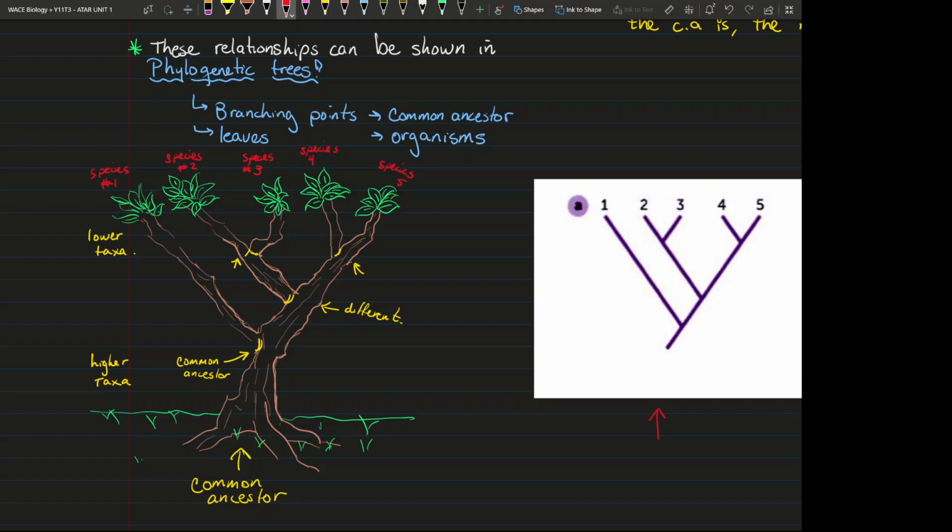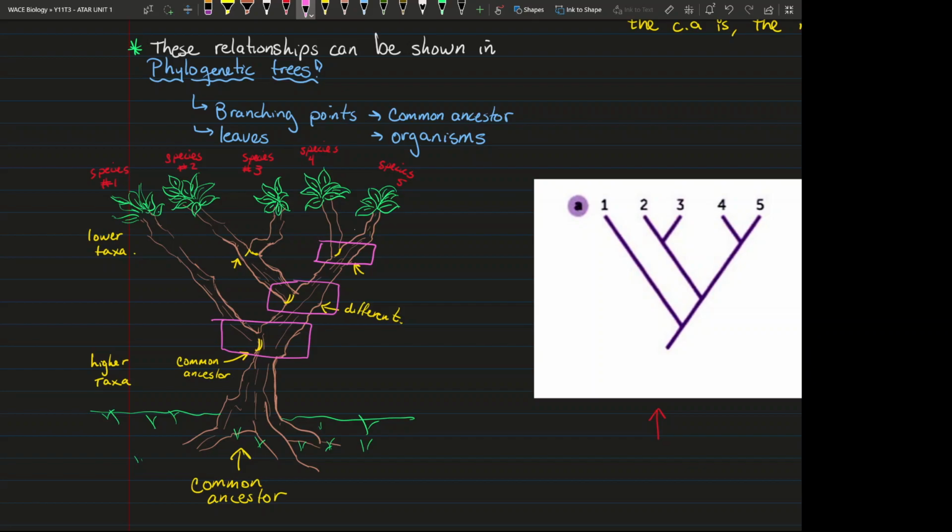And they are composed of two main parts. You have the branching points, and the branching points are, of course, where you have two branches dividing. So, for example, this would be a branching point. Sorry. This would also be a branching point, and so forth. Every time you have a divergence occurring, two branches splitting apart, you have a branching point.